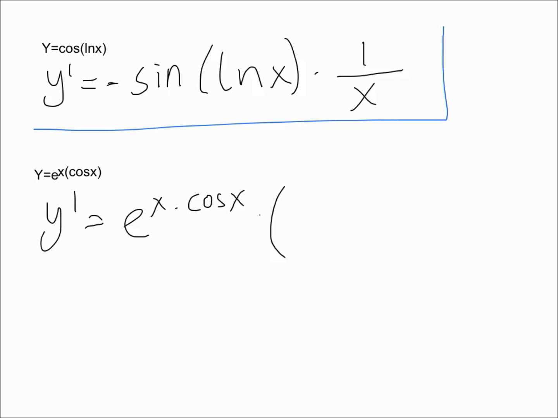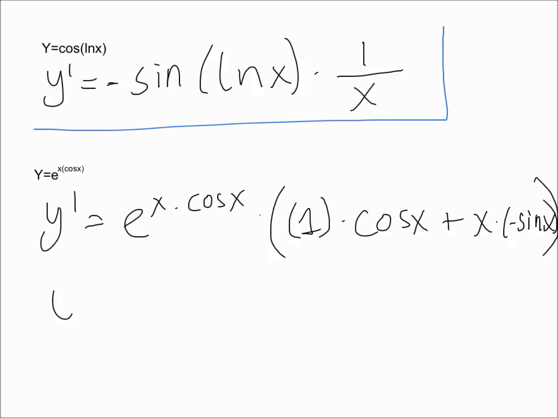First is the derivative of x, which is 1, times cosine x, plus the derivative of cosine x times x. So I write x times negative sine of x, all in parentheses.